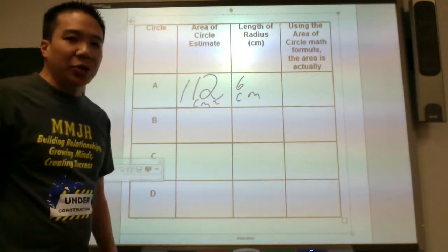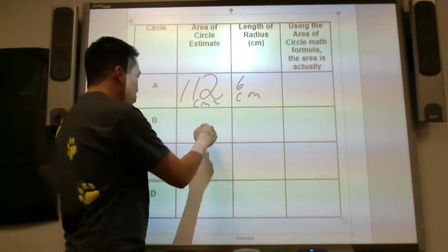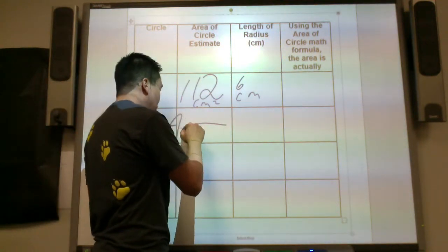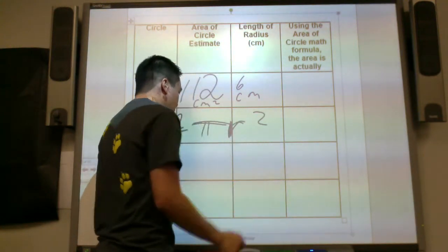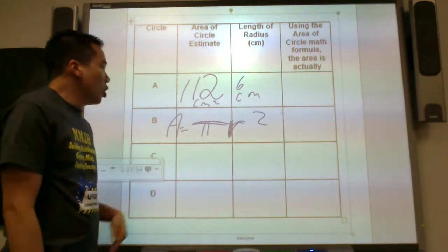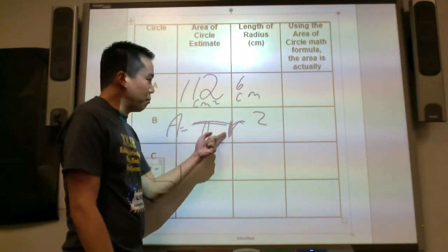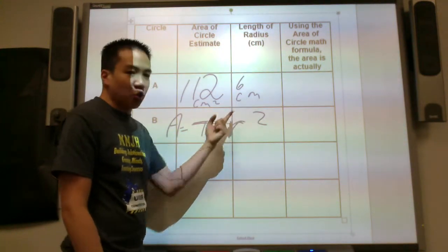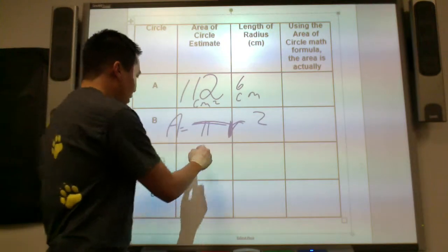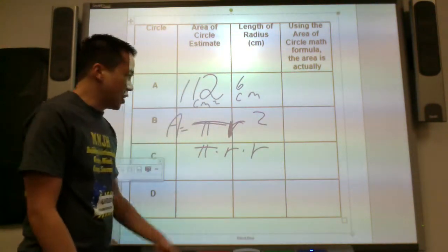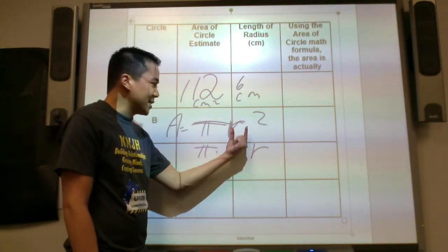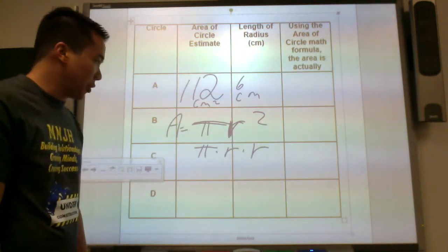To find the area of a circle, A equals pi r squared. What it means is you multiply pi by the radius squared. Another way to think of it is pi times radius times radius.